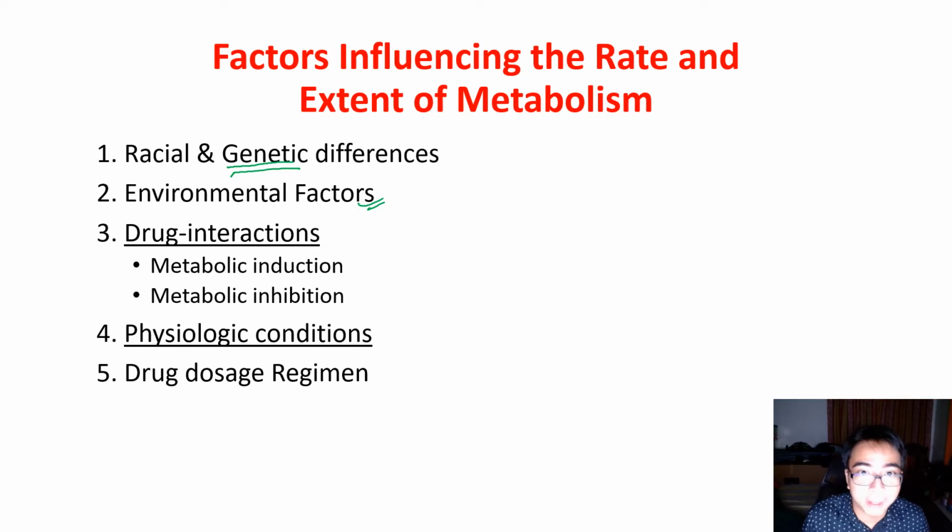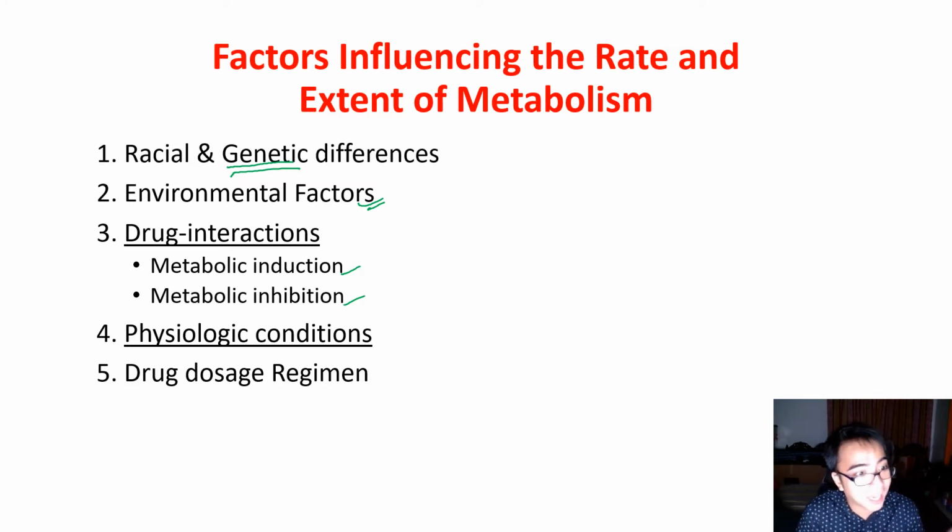Environmental factors can play a vital role in metabolism. And then, of course, the most common or our concern would be more on drug interactions and physiologic conditions and drug dosage regimens. So in terms of drug interaction class, certain drugs can either induce or inhibit metabolic pathways. They can either induce the production of more enzymes or inhibit the enzymes that are already available.